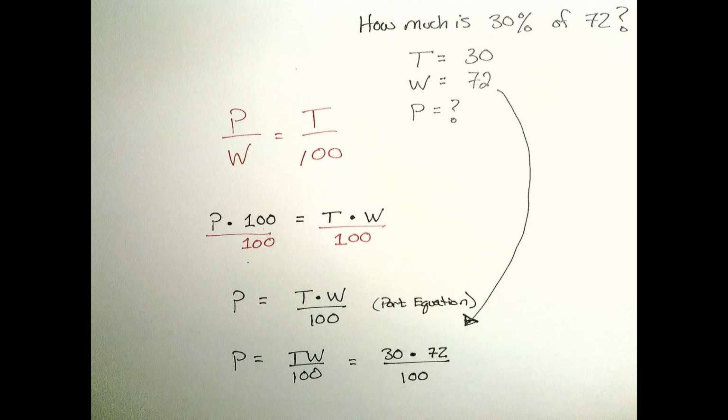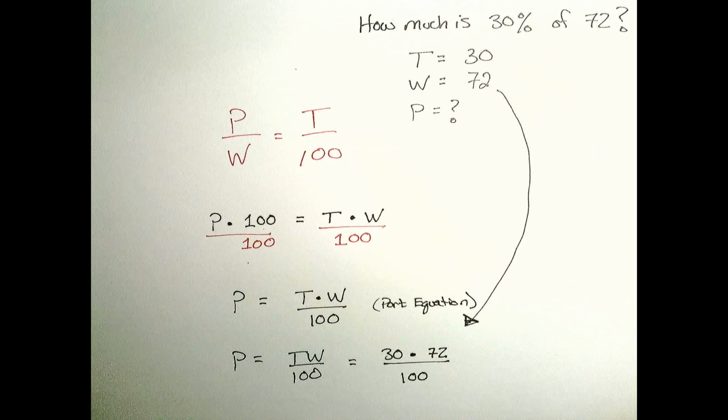Order of operations says that I do the multiplication in the numerator first. So that's going to be 270 on top? No. Is it 270? Somebody check it. It's 2,160. I was right.